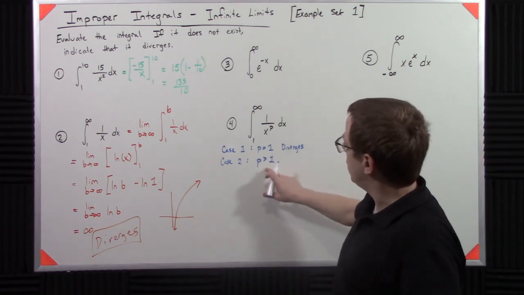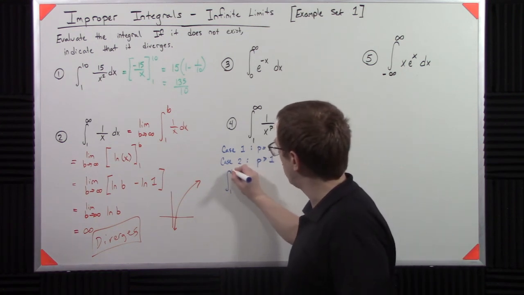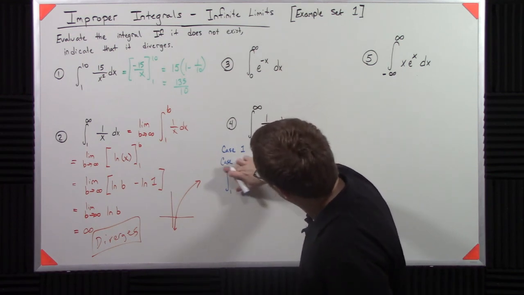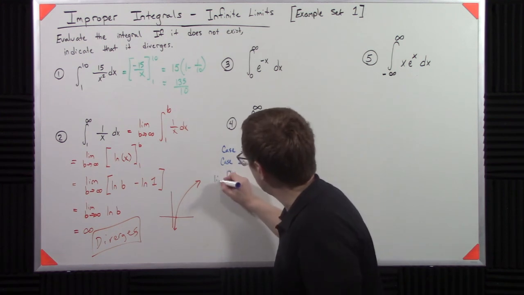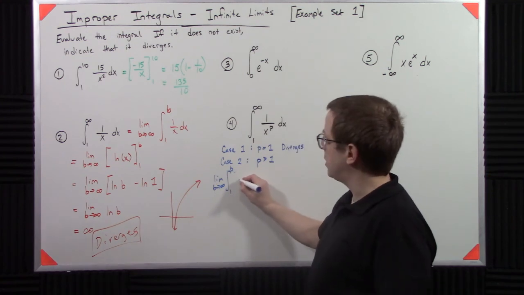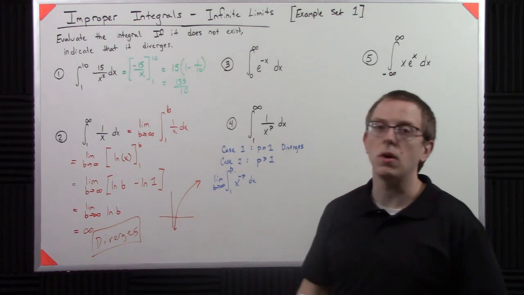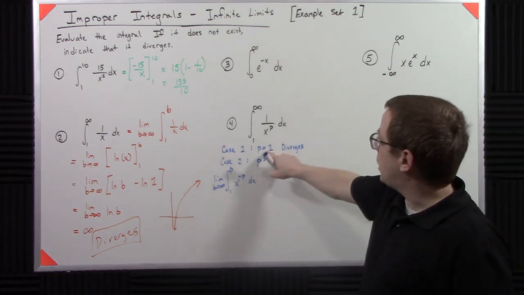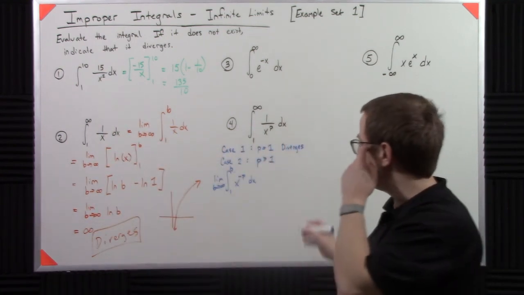So if p is greater than 1, then that integral is x to the negative p dx. Right? It's going to be the same for the other case too. The case where p equals 1 is special because it's a natural log. Everything else we can use the power rule for.